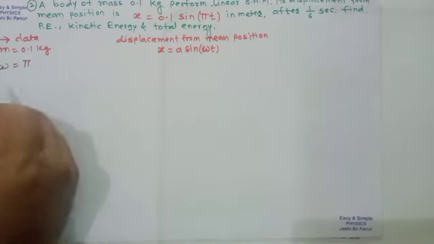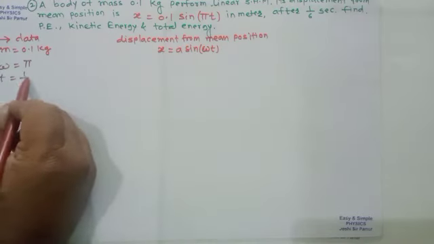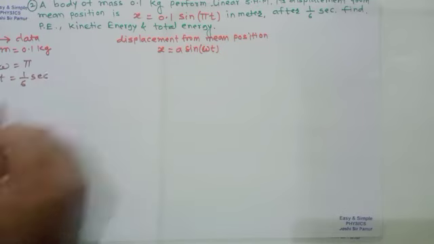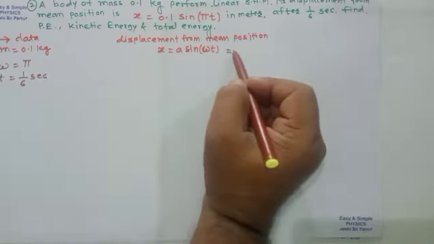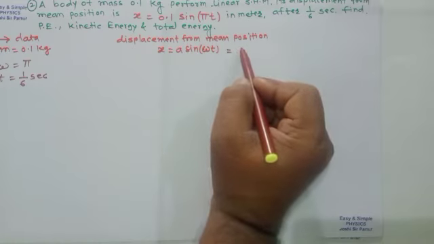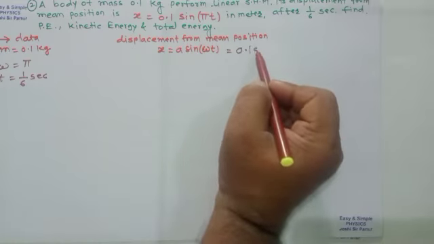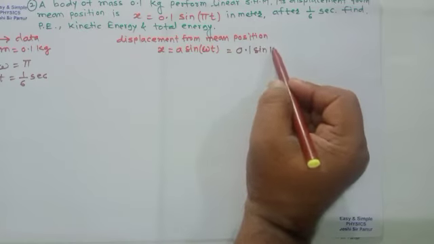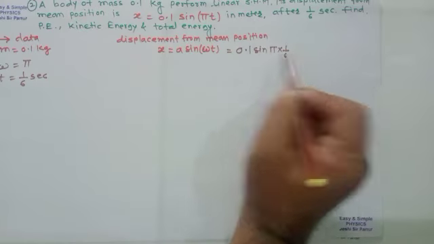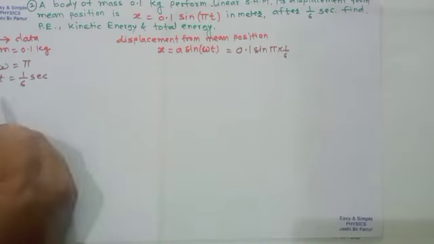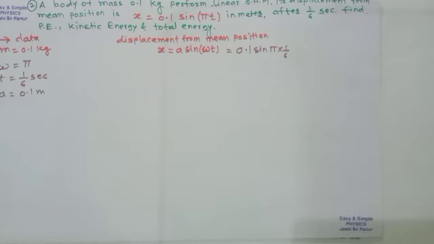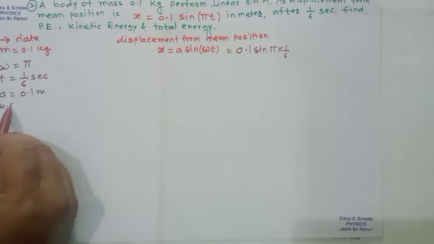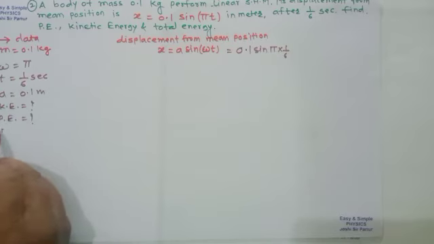But t is given, so t is equal to 1/6 second. If we substitute 1/6, it is 0.1 sin of pi multiplied by 1/6. Here a will be 0.1 meter and we can find out kinetic energy, potential energy, total energy.